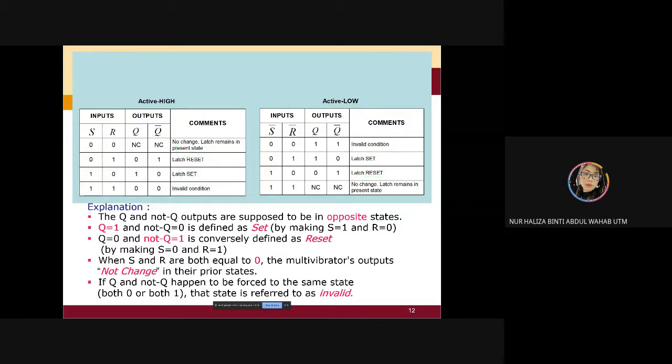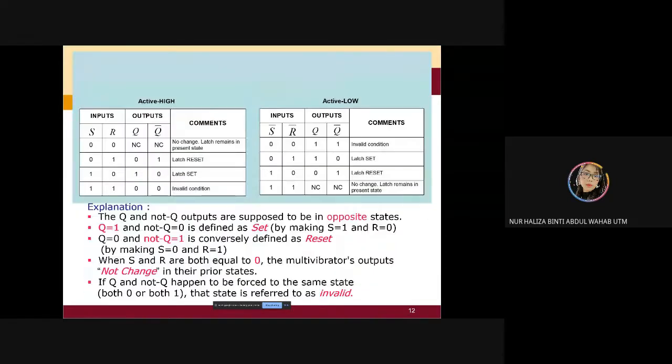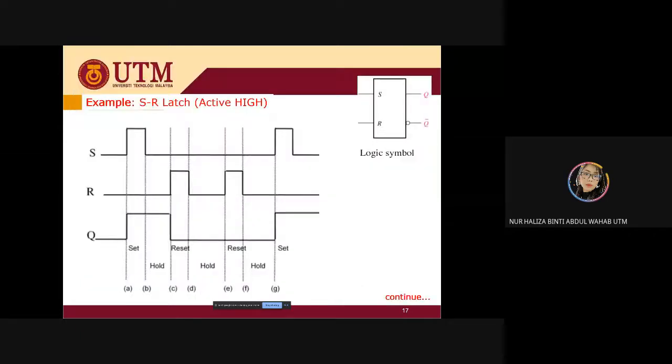So just remember these two tables, but in terms of explanation, you can try one by one to prove that you will get these summarizations of your SR latch. So where you're going to apply this, you can read, this is all the explanation.